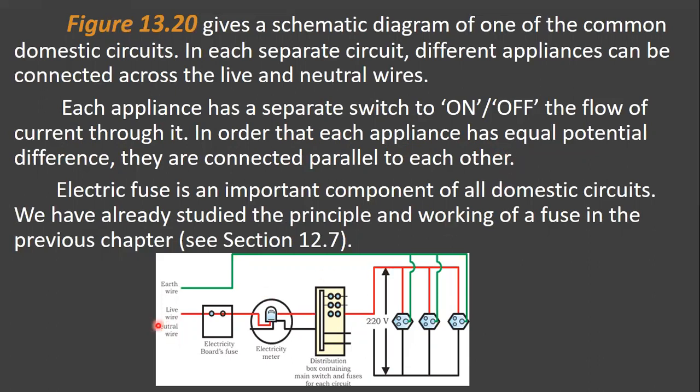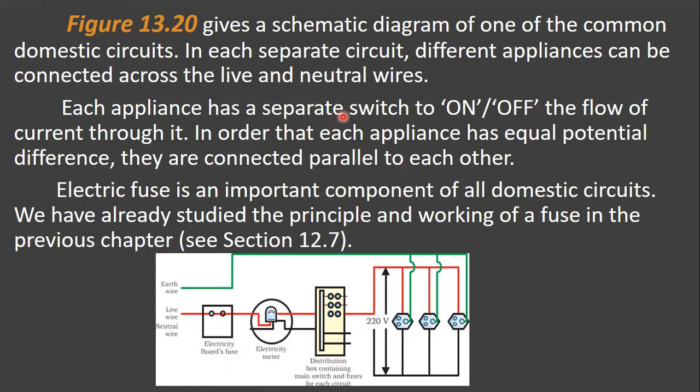This is the electricity board's fuse, and this is the electricity meter. This is the distribution box containing the main switch and the fuses of each circuit. The difference between the live wire and the neutral wire is 220 volt, and the green color is the earth wire.